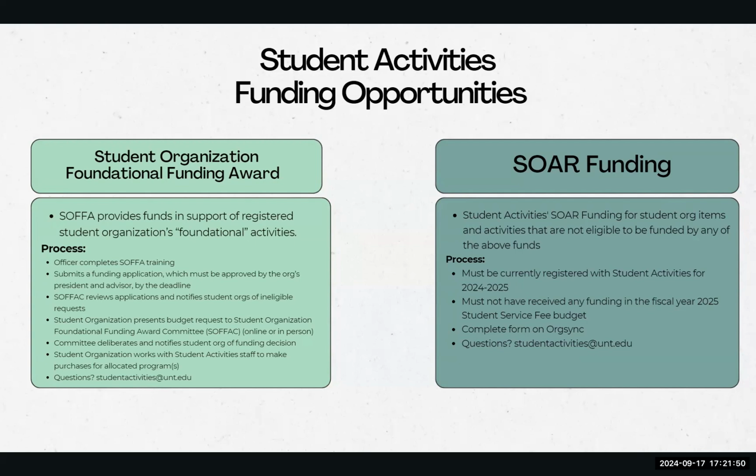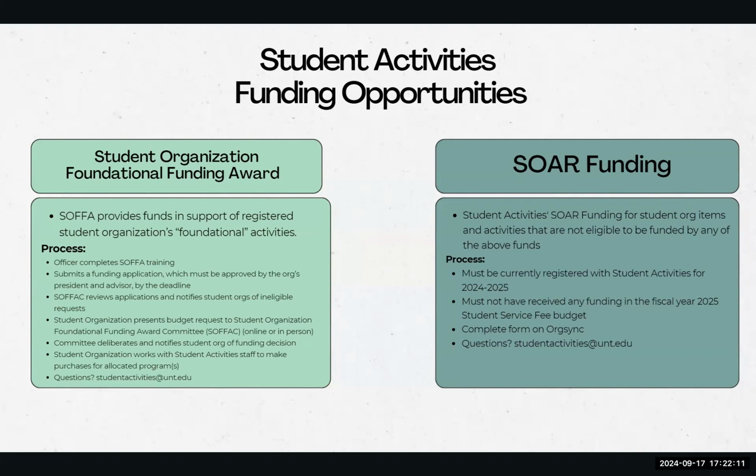The org also has to have been registered for a certain amount of time to be eligible for this fund. How that goes, the officer must complete SOFA training. You'll submit a funding application on OrgSync, and it has to be approved by the org's president and advisor by the deadline.